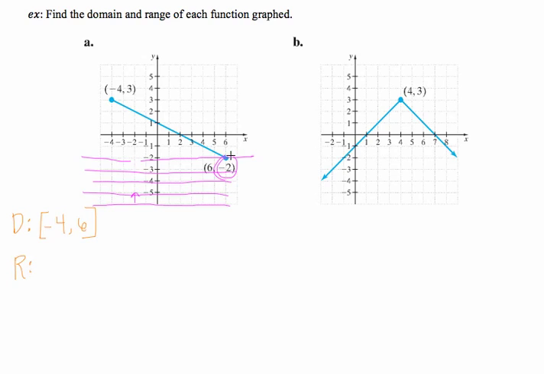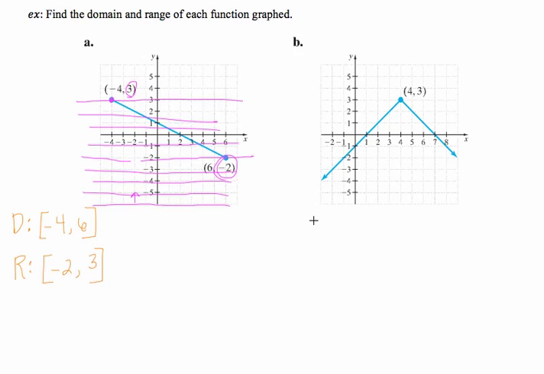It is included because of that closed circle there. So the range goes from -2 up to, okay, all of these values are in the range. The last y value here is 3. That's the largest y value. So the range goes from -2 up to 3, and we include that because we do have a closed circle there. So there's domain and range on the first one.